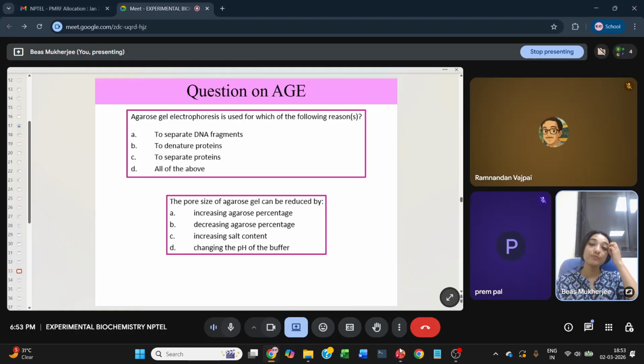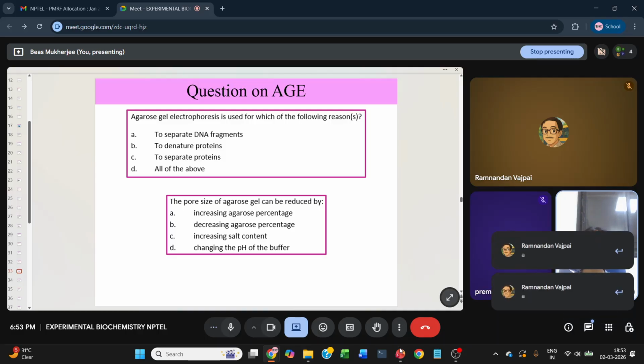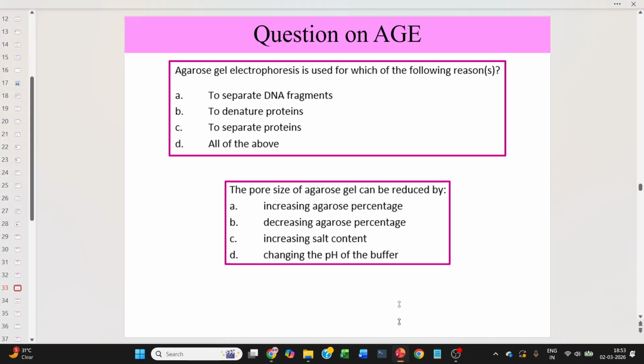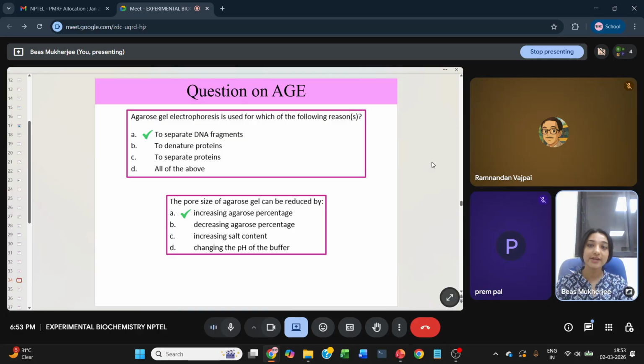Okay. Now, agarose gel electrophoresis is used for which of the following reasons? And the next question is, the pore size of agarose can be reduced by A. Acha. And the next question, A. Let's see. Yeah, that is very correct.